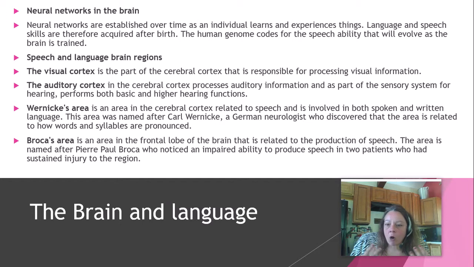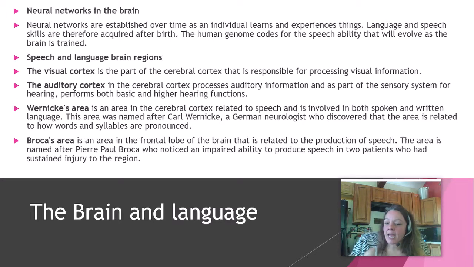And our vision plays a big role in that. We're very visual creatures. A lot of what we know is pretty much based upon what we see, and so that plays a role with language. The visual cortex is us seeing the light being interpreted in our brain, and then that gets interpreted into language and speech.